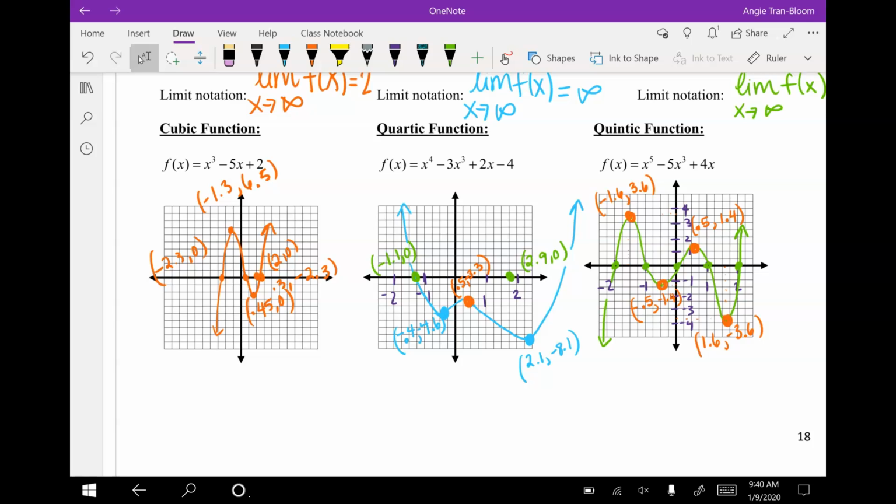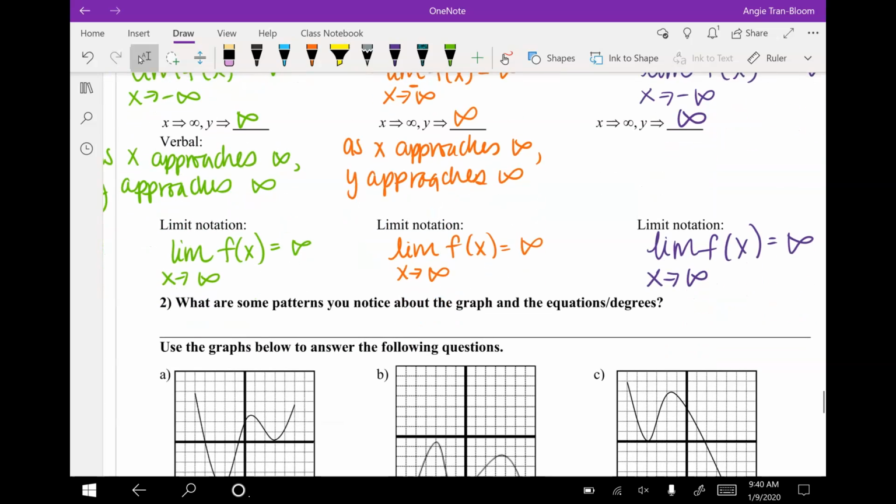Yes, class. Listen to Wyatt. He knows. If the degree is odd, your end behavior will be opposite. If the degree is even, it's either going up or down. Let's spell that out. Because it says, what do you notice? So that's one pattern, and then we'll spell out some more. Okay. Odd degree.